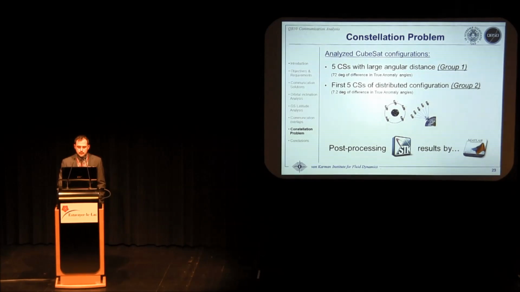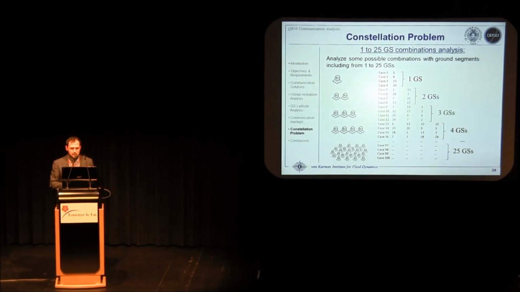So post-processing SDK results by MATLAB, I performed a lot of analysis on the constellation problem, but for sure the most important was the combination analysis, in which I analyzed the communication behavior for some possible combinations of ground segments with an increasing number of ground stations, from a single station to 25 ground stations, including the suitable ground stations of QB50 partners.